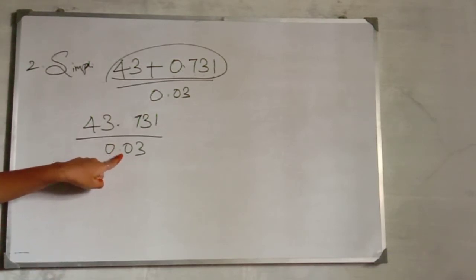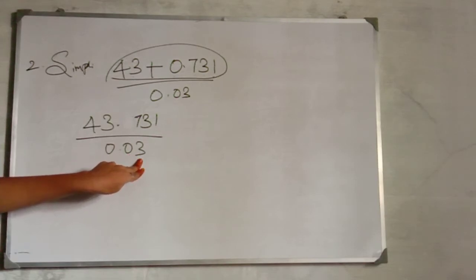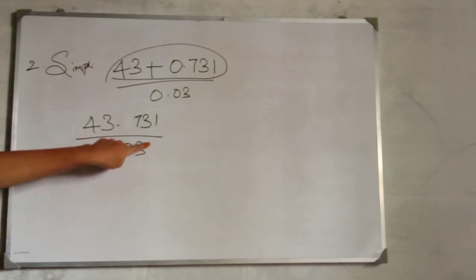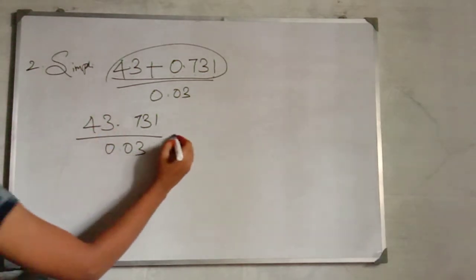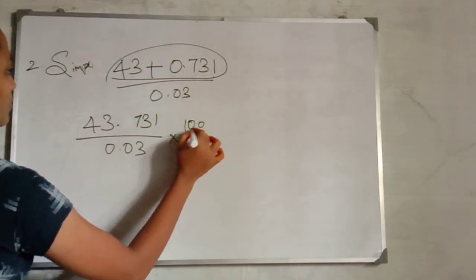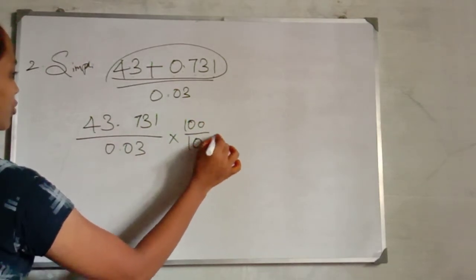Here there are 2 digits after the point. So we remove the decimal in the denominator 0.03. We multiply both denominator and numerator by 100.